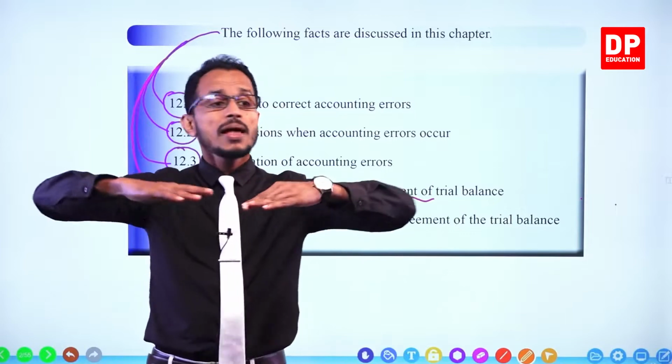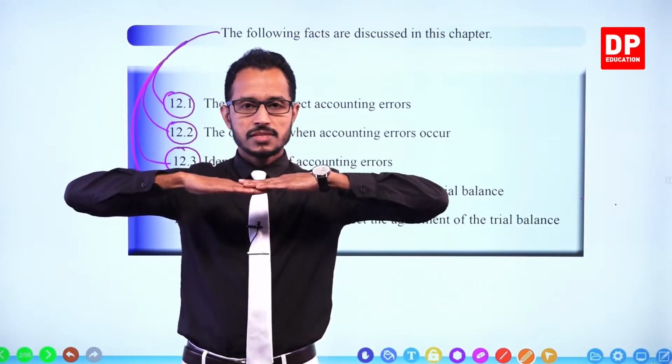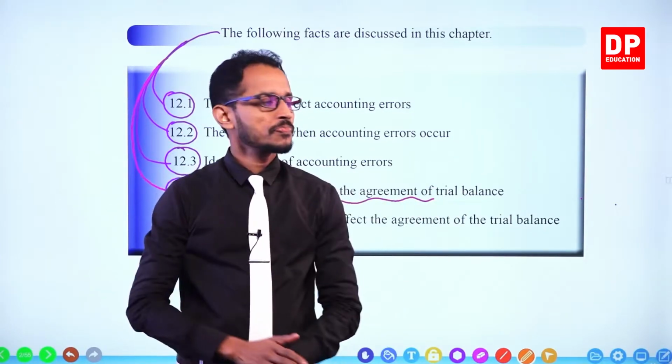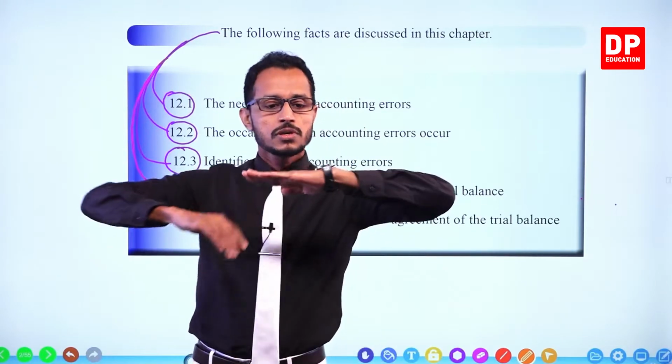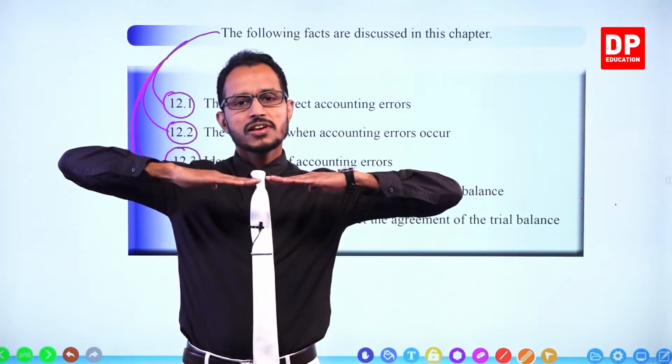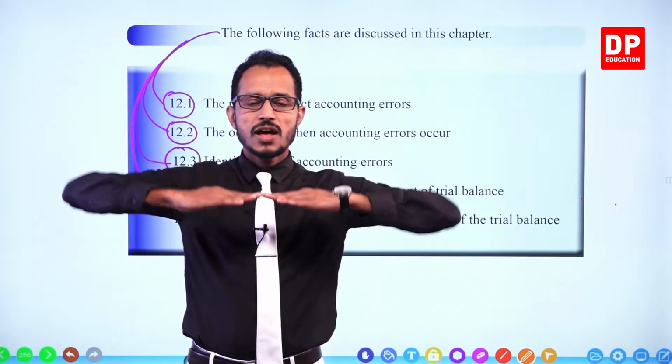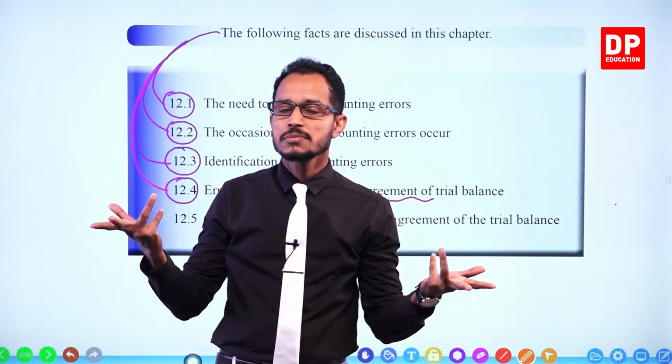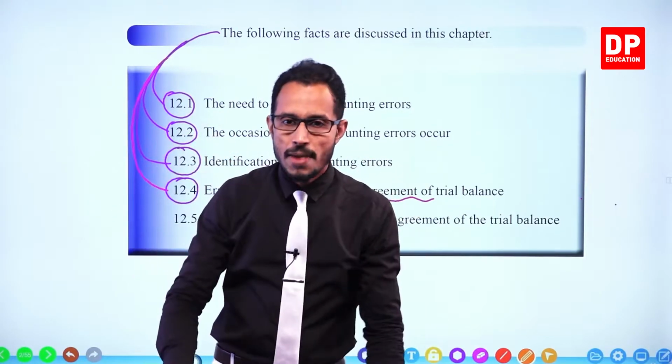That means the trial balance balances nicely. The trial balance debit total is equal to the trial balance credit total. So the trial balance agreement is not disturbed.